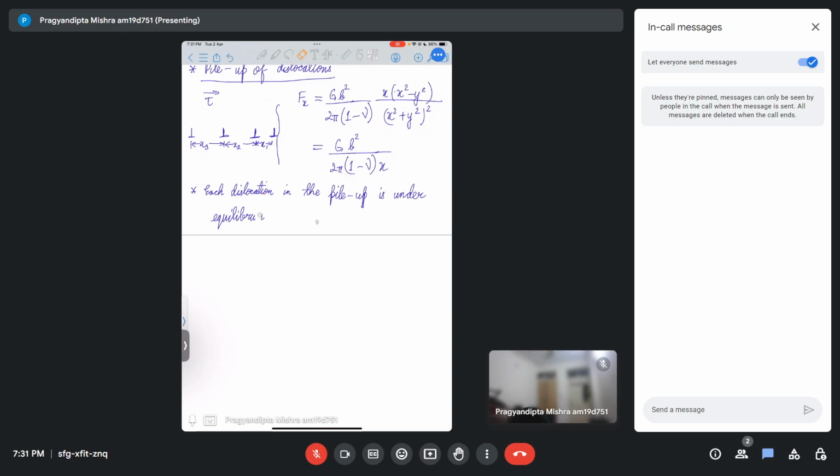It is being acted upon by, A, the effect of the applied stress tau, and B, the stress due to other dislocations in the pileup.